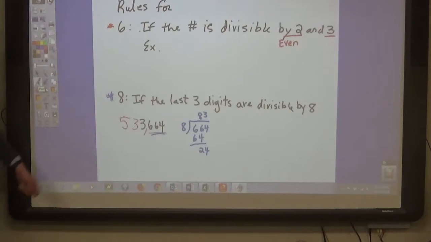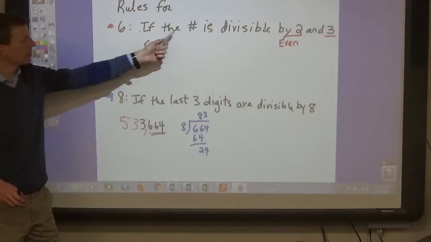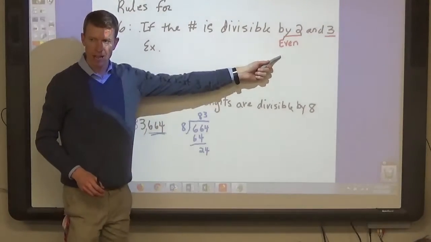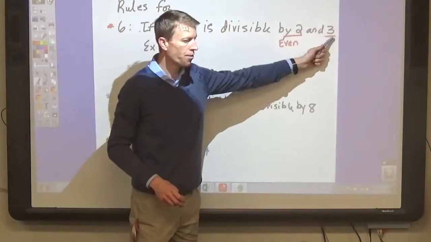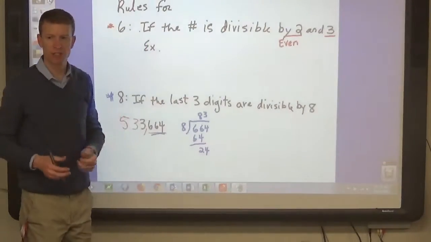The rule is that for 6, if the number is divisible by 2, so if it's even, and it's divisible by 3, then the whole number is divisible by 6.